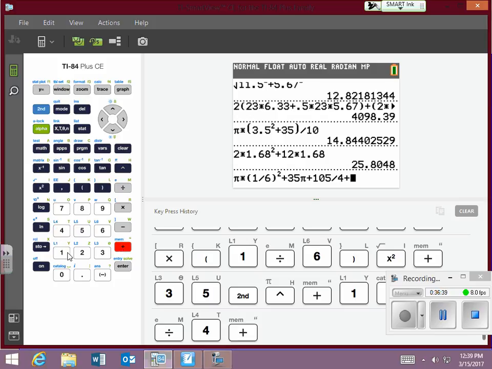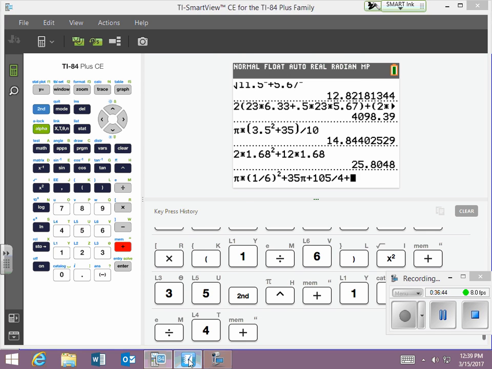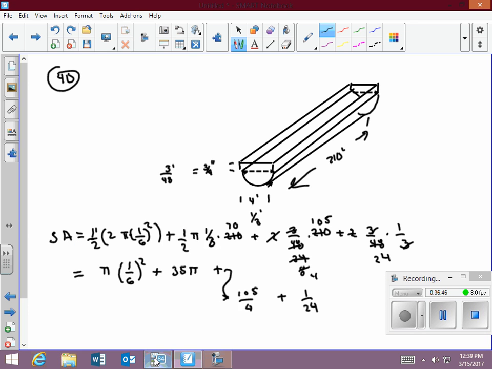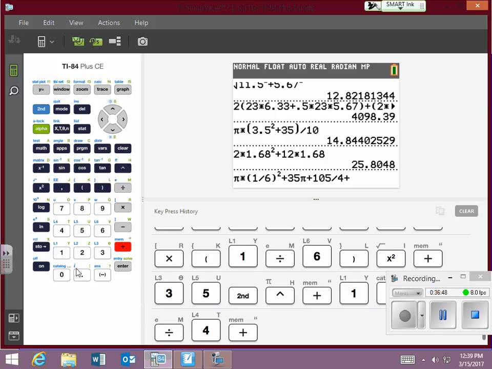Was the last one 1 over 24? 1 over 24. Now that's what we meant to do, right? We meant to do 1/6 squared. It's better to do it that way.